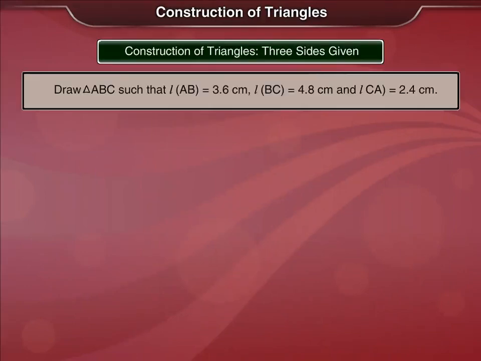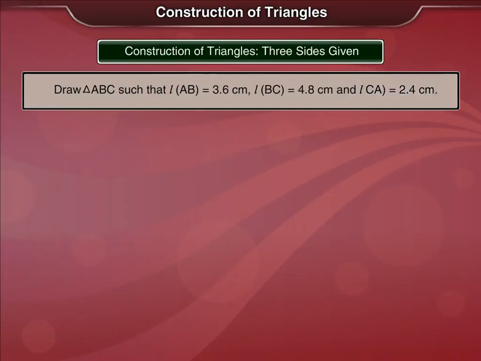The length of side BC is equal to 4.8 centimeters and the length of side CA is equal to 2.4 centimeters. First, let's draw a rough diagram. Now, let's write the lengths of the sides of the triangle in the rough diagram.